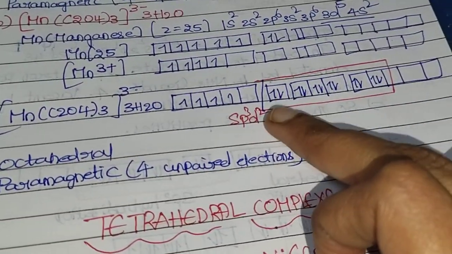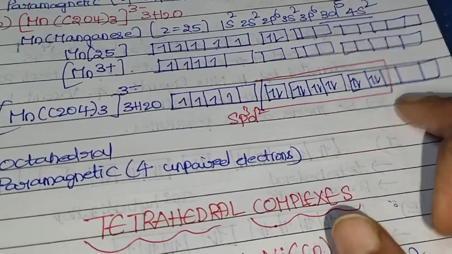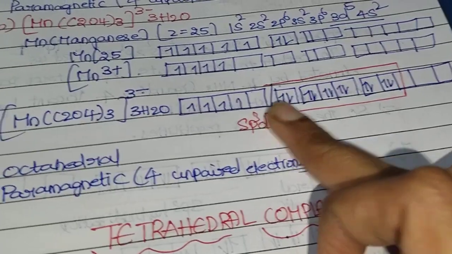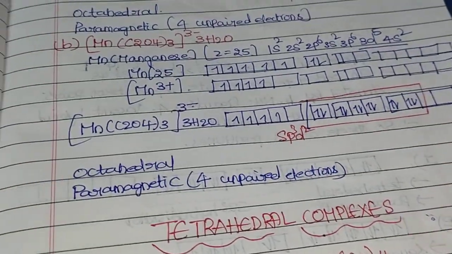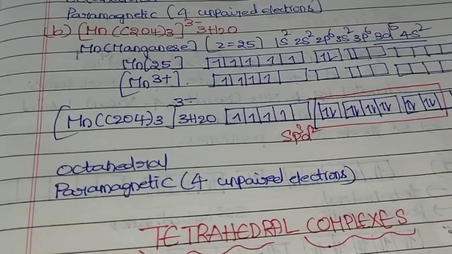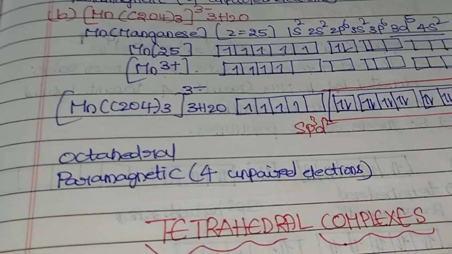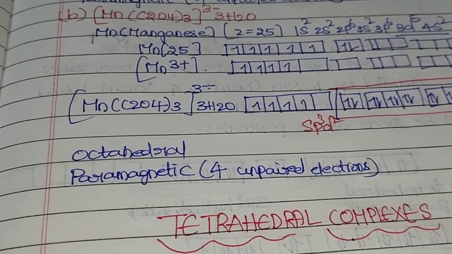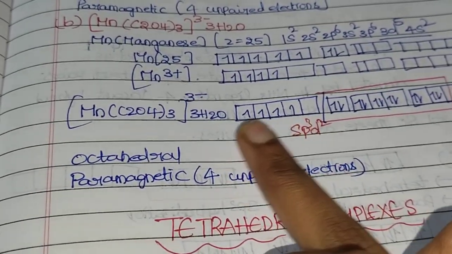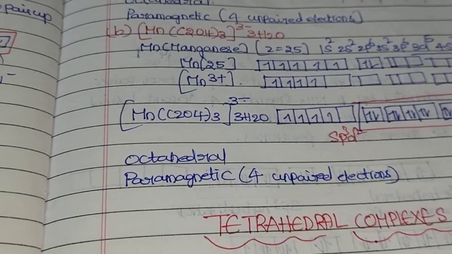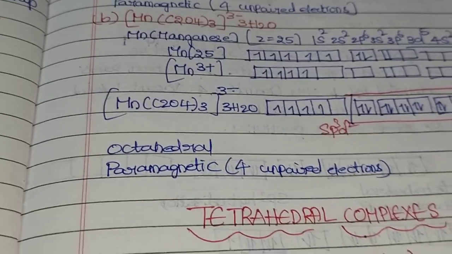So 1 2 3 4 5 6, and the hybridization is sp3d2. So like this it uses the orbitals for the ligands to occupy, and its structure is octahedral, as I already told, and 4 unpaired electrons are present in the 3d orbital. So it is paramagnetic in nature.